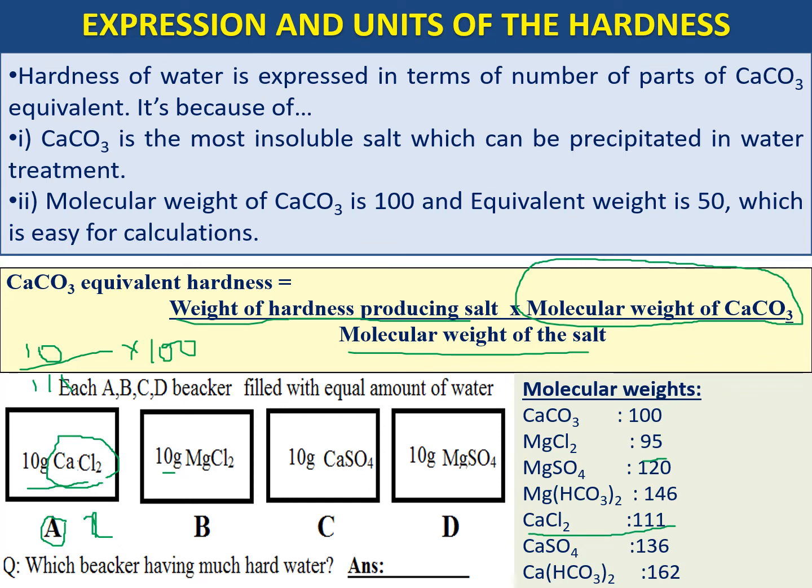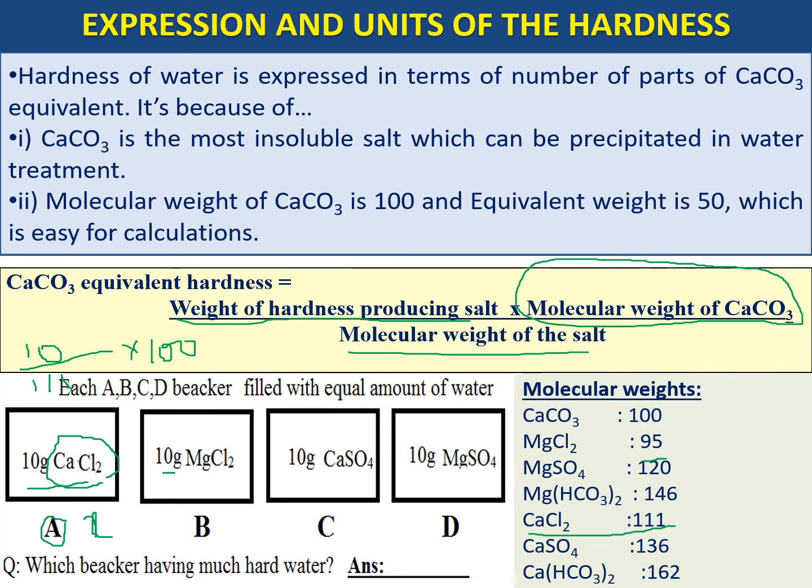So you can easily tell hardness due to different salts by converting into a single reference compound, called CaCO3 equivalent hardness. Hardness is not expressed in terms of different salts, it is only expressed in terms of a single salt, CaCO3.